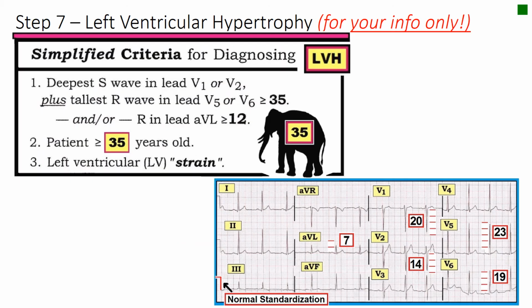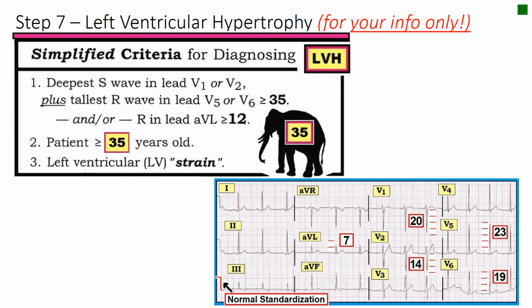And now we're going to move on to just the last step in an ECG, which is looking for left ventricular hypertrophy. And this is just for your information. I'm not expecting you to know this, but it's just to say these are the tips for helping you work out whether a patient has left ventricular hypertrophy, often from hypertension, or it could be part of the congestive cardiac failure patients developed.